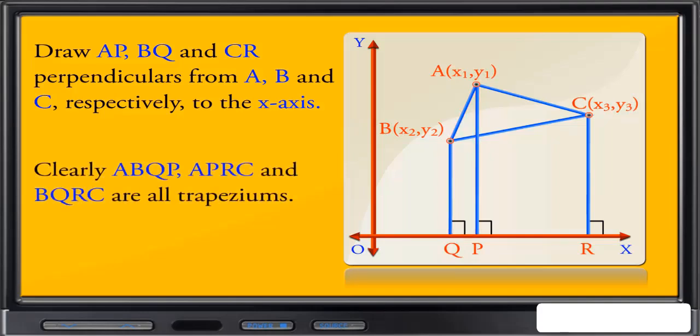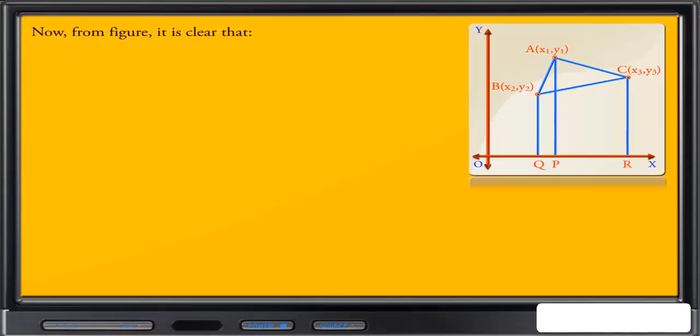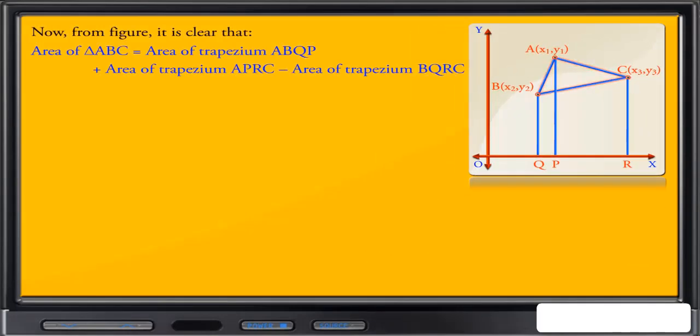Clearly, ABQP, APRC and BQRC are all trapeziums. Now from the figure, it is clear that the area of triangle ABC is equal to the area of trapezium ABQP plus the area of trapezium APRC minus the area of trapezium BQRC.